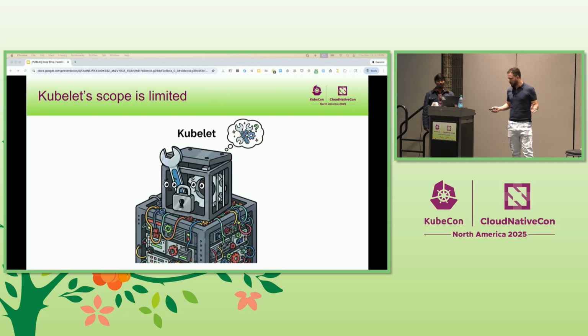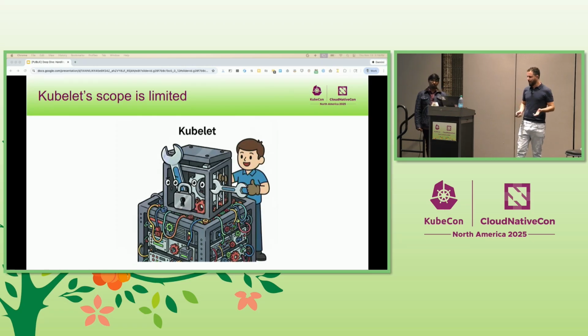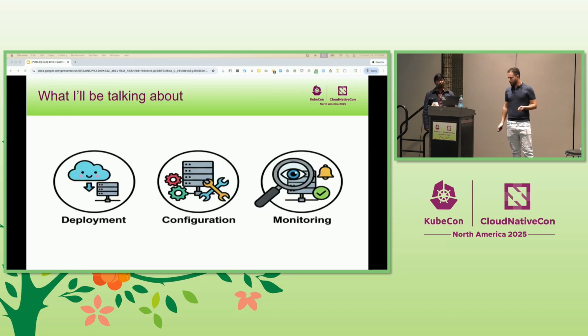That's out of scope for kubelet, but that's fine because that's when you as an admin can come into the picture and do a lot to optimize swap for your use case, which is actually a real necessity with swap. Generally speaking, when you want to use swap, you have to go through 3 phases: deploying it, configuring it, and eventually monitoring it to make sure everything runs as expected.